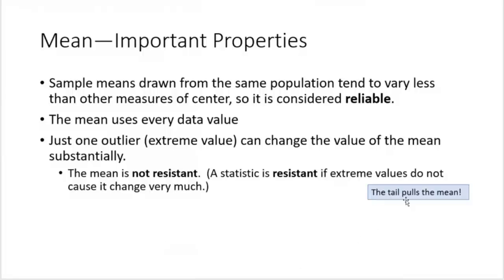Now, I have a note on here, the tail pulls the mean. I've got a slide a little bit further down about that. But when you have a normal distribution, the mean, mode, and median all happen at that really high center hill.